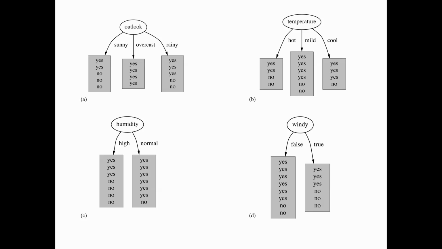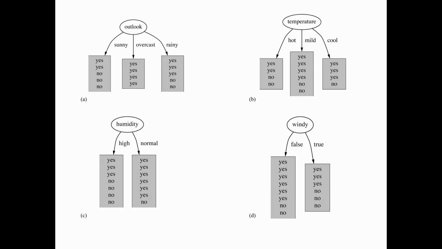We discussed this idea earlier, called divide and conquer. You start with the bigger problem and then try to solve the smaller problem. You start with the 14 instances. Now this branch has only 5, but it is not pure, so we have to put an attribute and see. Given outlook, there are 3 other attributes: temperature, humidity, and windy.